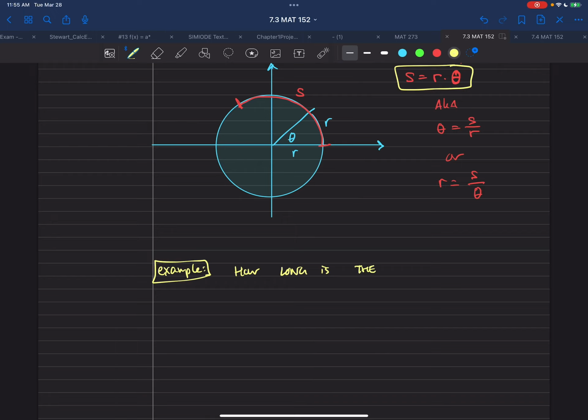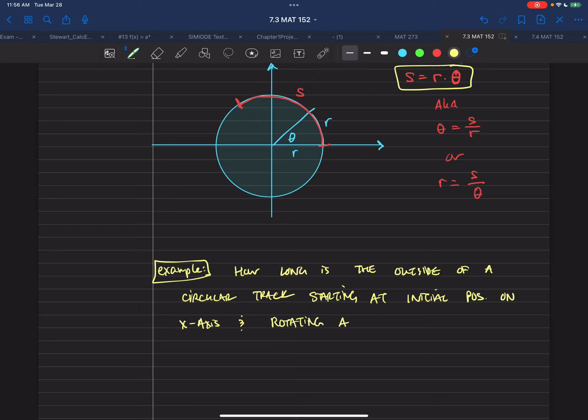Okay, so to give a simple example of this, we could ask: how long is the outside of a circular track, starting at the initial position on the x-axis and rotating around 5 pi over 4 radians?